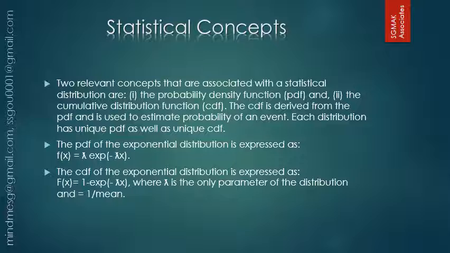As you can see, x is the random variable, which is the service life here. There's only one parameter of the distribution, which is lambda, and lambda equals 1 over the mean. So in our problem, average life is 4 years, so lambda is 1 over 4, which is 0.25.